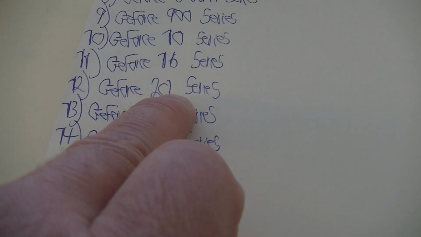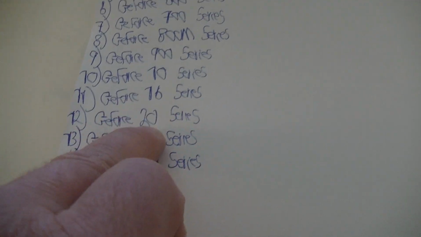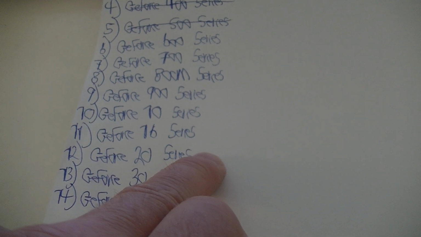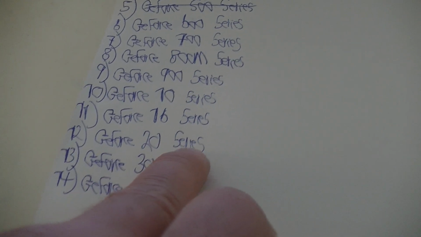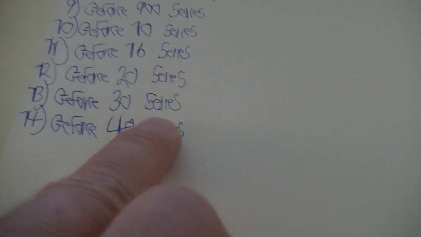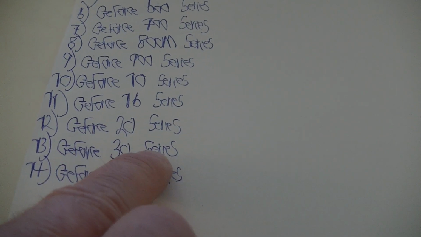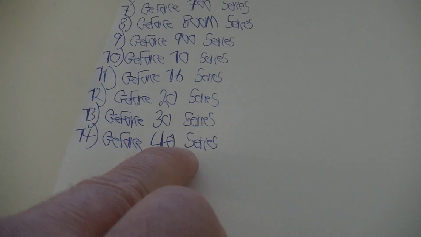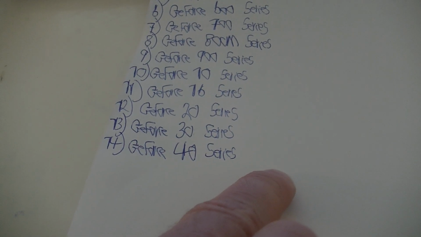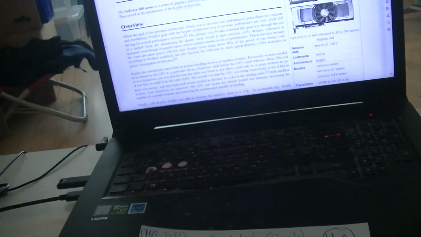Then the GeForce 2000. They have 2070, 80, and 90. I'm not sure about the 90, but the 3000 series has 3050, 60, 70, 80, 90. The 4000 series is the same, but the 4050 and 60 you cannot buy as graphics cards.